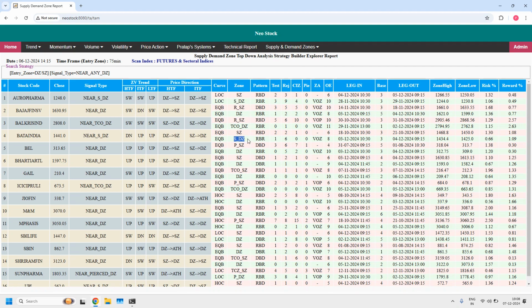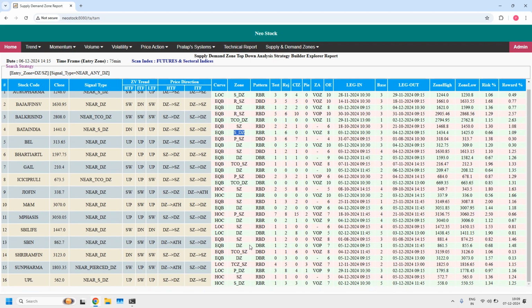Next, Bata India. Scrolling. And finally, UPL. So we identified 3 high liquidity 75 minutes demand zones from this list.